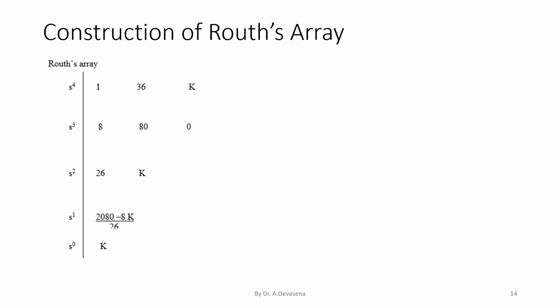The construction of the Routh array is shown below. The highest power of s in this problem is s power 4. Therefore, the Routh array comprises of s power 4 row, s power 3 row, s square row, s power 1 row, s power 0 row. For constructing the s power 4 row, we have used even number coefficients a0, a2, a4. For constructing the s power 3 row, we have used odd number coefficients a1, a3, a5.